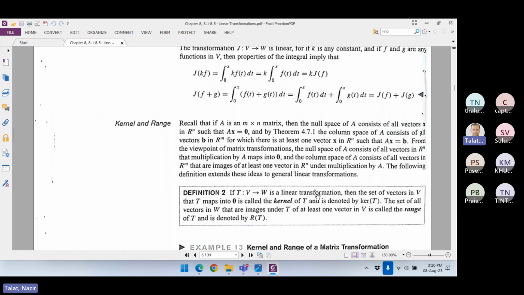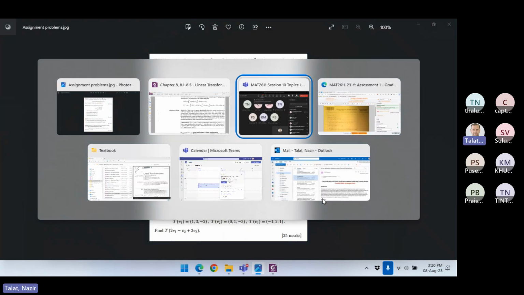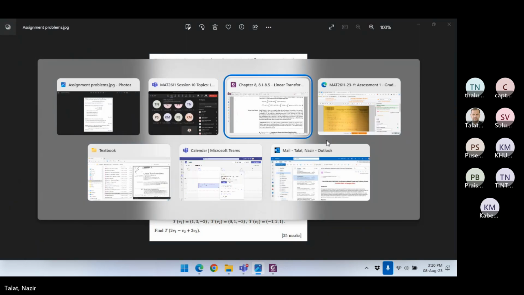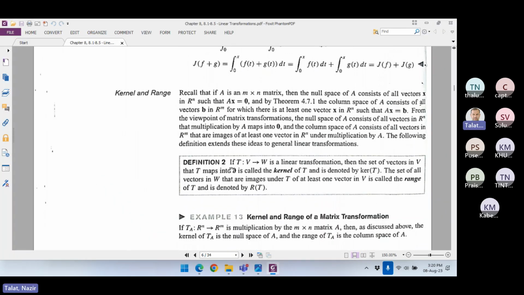Now, if T is a linear transformation, then the set of all vectors V that are mapped into 0 is called the kernel of T. For example, we know that T of 0 is equal to 0, but there are some other values of the vector space V whose image is also equal to 0 in the vector space W, and then those elements belong to the kernel of T.